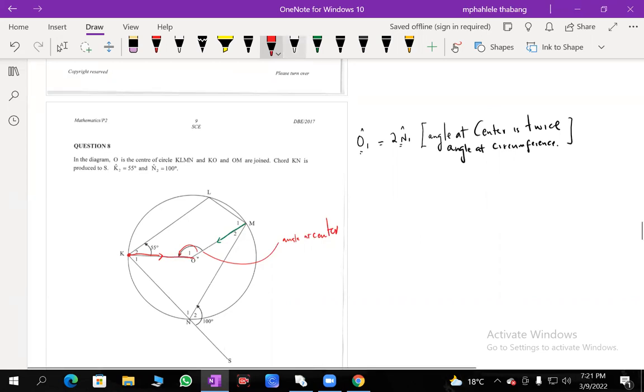Okay, I can see your hand, Sentwe. When these two lines meet, they meet here at the center.